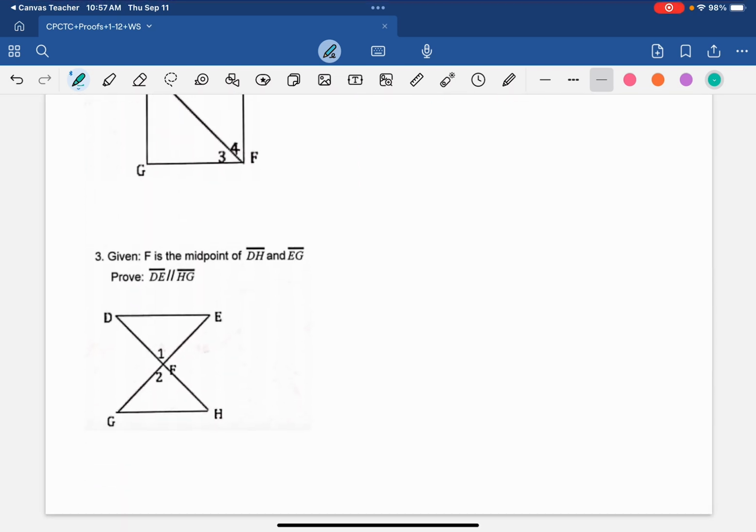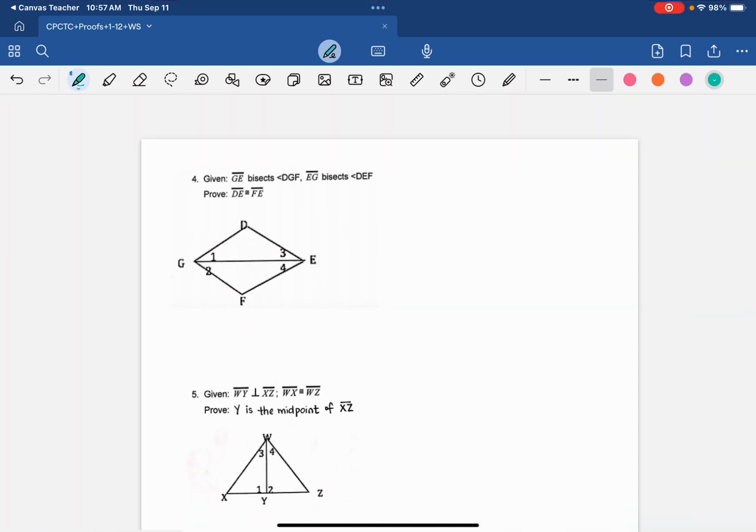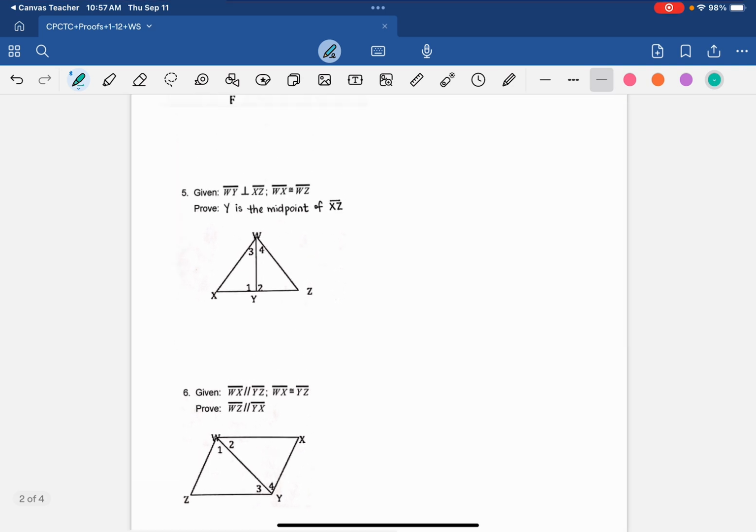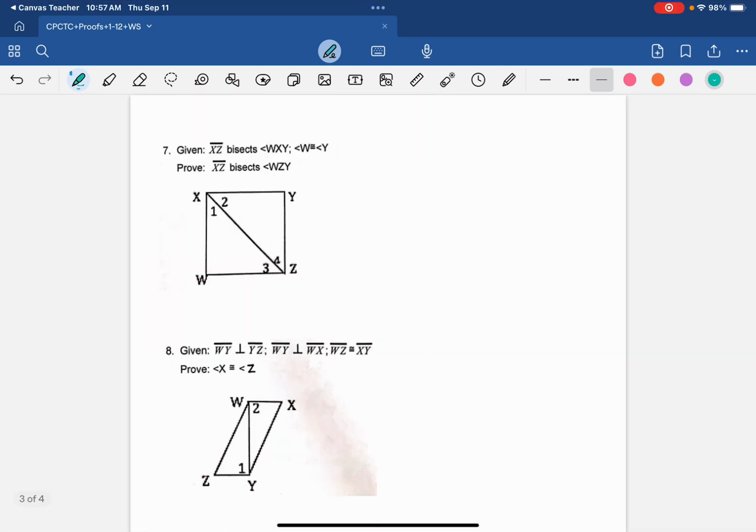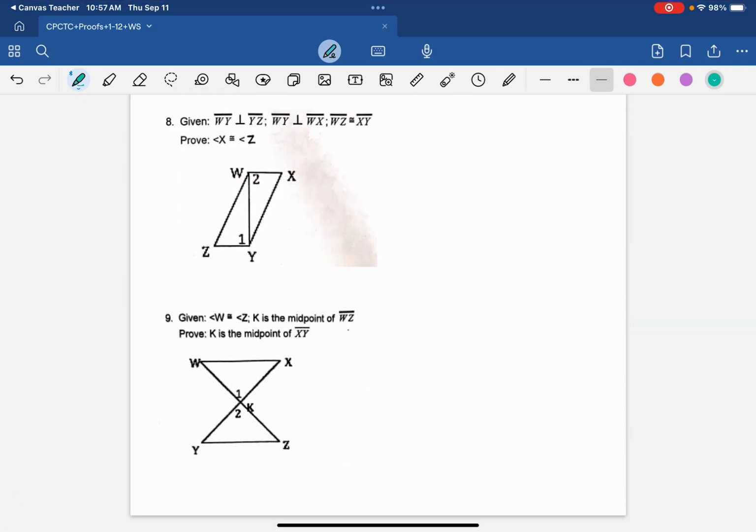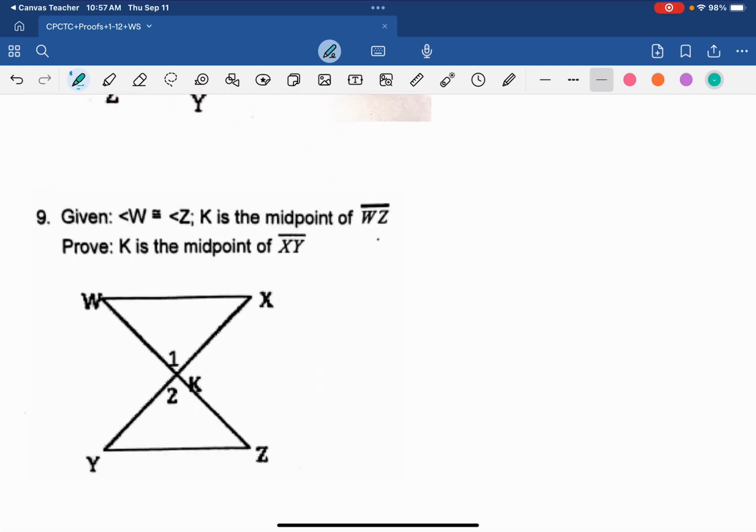Now let's look at another one. Let's see here. How about number 9? So I'm going to start out here with my given. I know that angle W is congruent to angle Z, and that K is the midpoint of WZ.